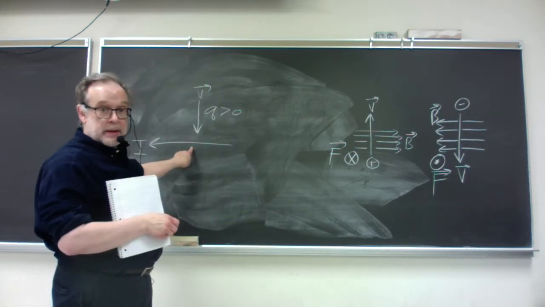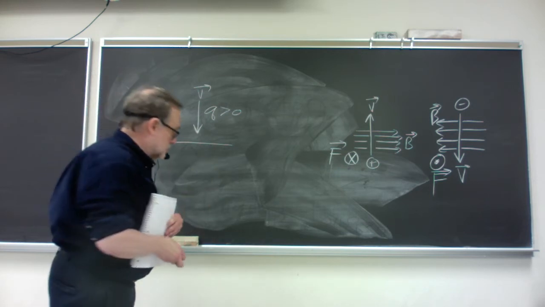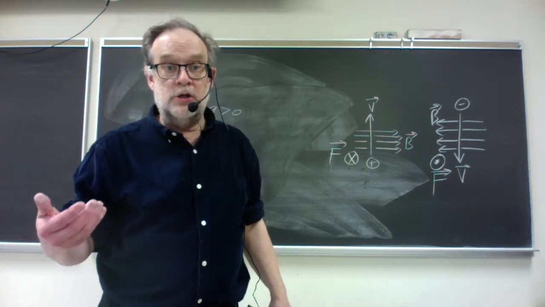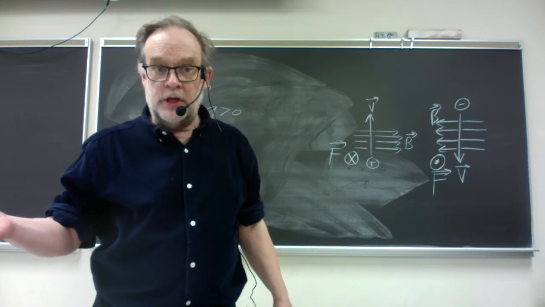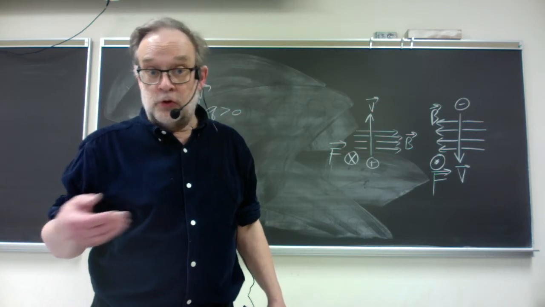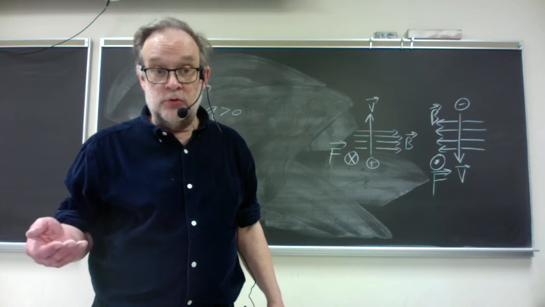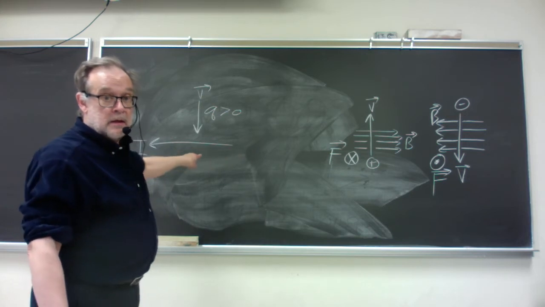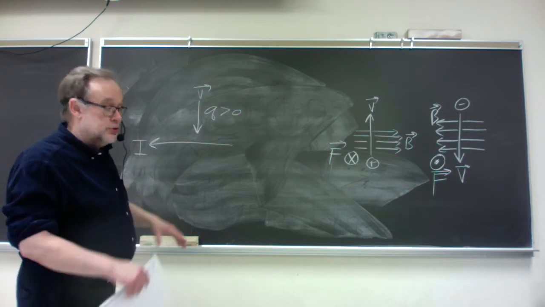The field is caused by this current, so we need to think again about what a magnetic field caused by a straight current is like. And the key word is circles. The magnetic field lines for a field caused by current in a long straight wire are concentric circles centered on the wire and in planes perpendicular to the wire.